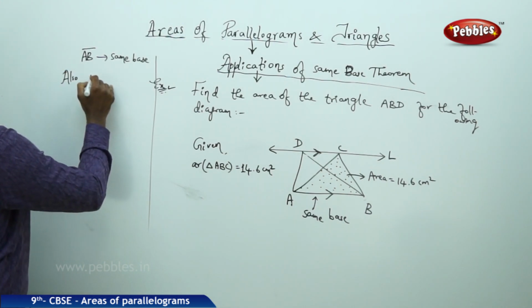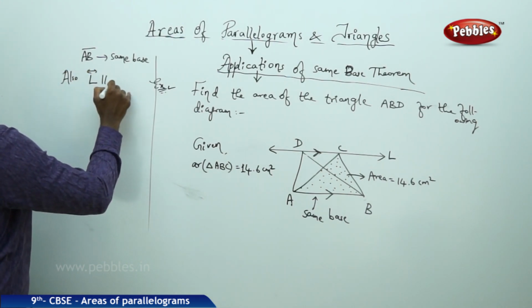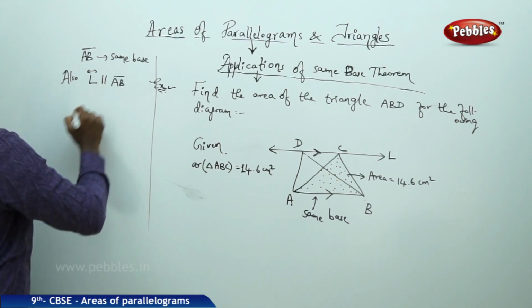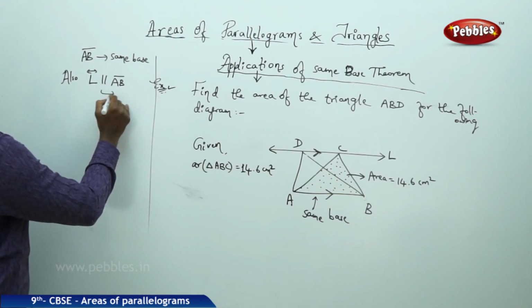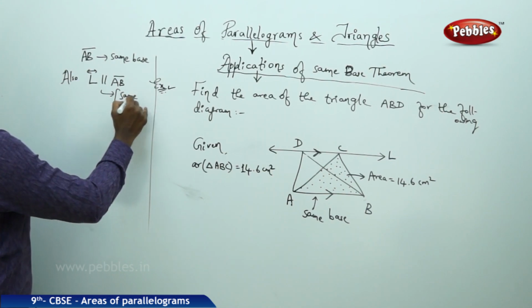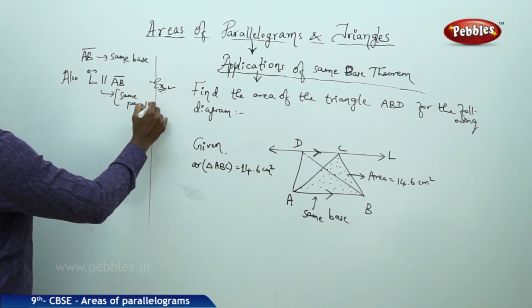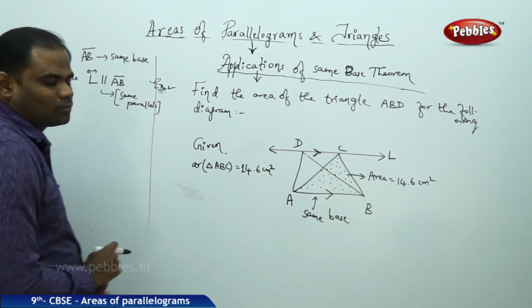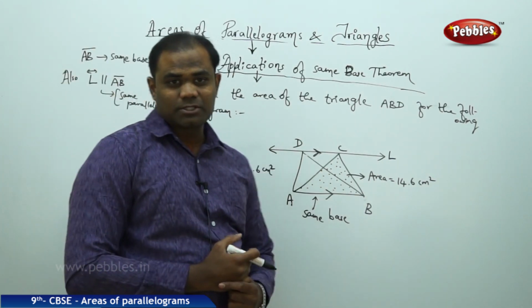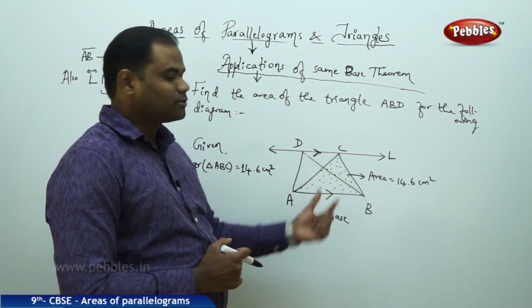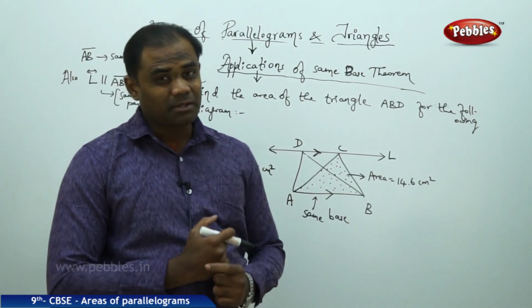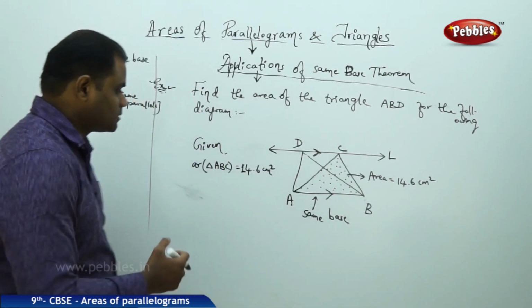Also, the line L is parallel to the same base. Now, striking with the previous same base theorem, these two are the two triangles which are on the same base and between same parallels.